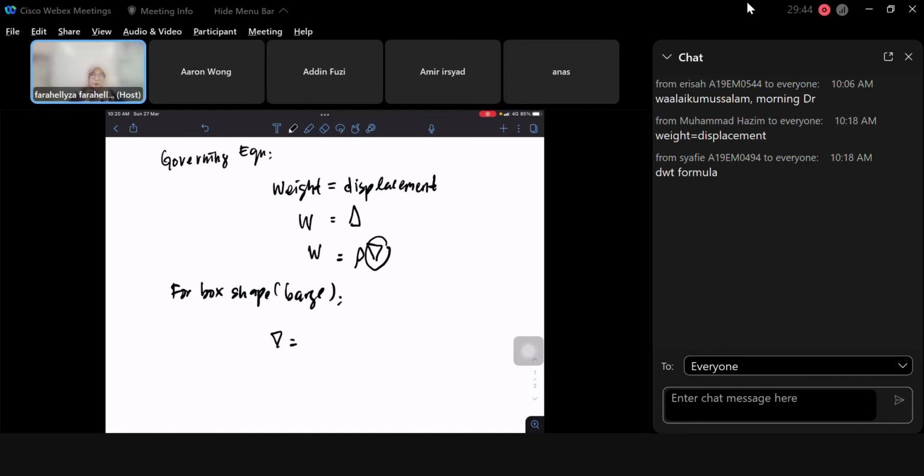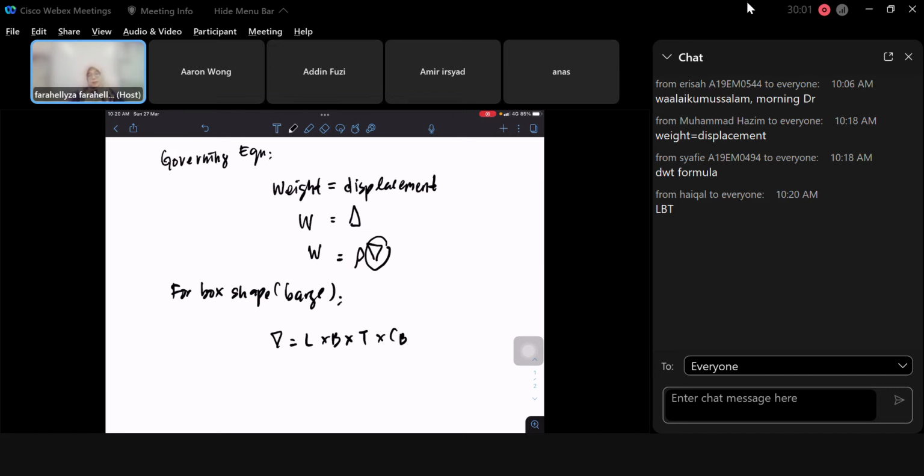Okay, maybe anyone from, not from SEMO. Okay, LBT, so L times B times T, right? But basically the volume displacement should be L times B times T times CB, right?